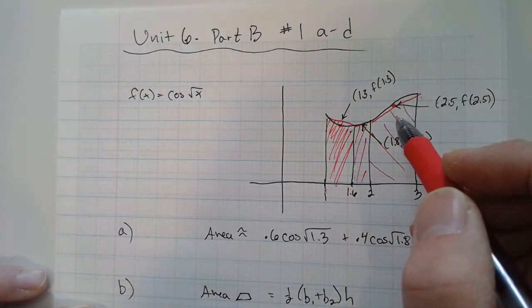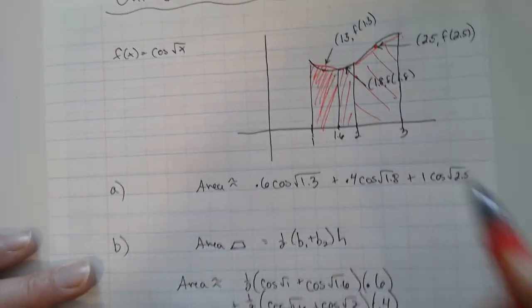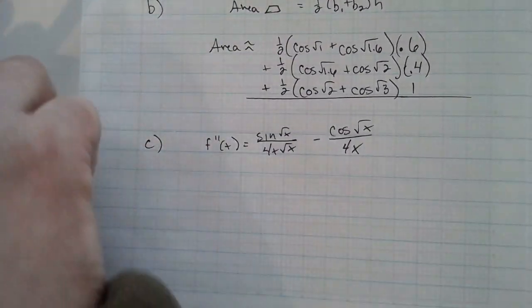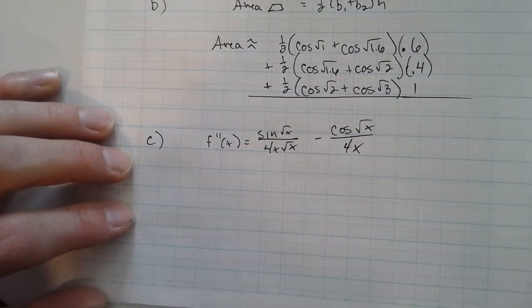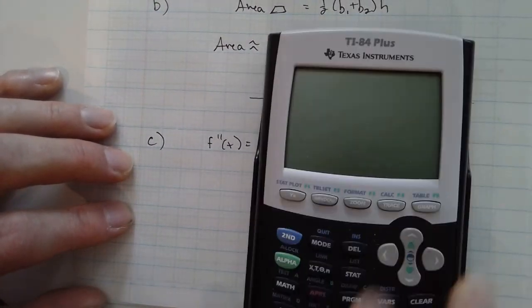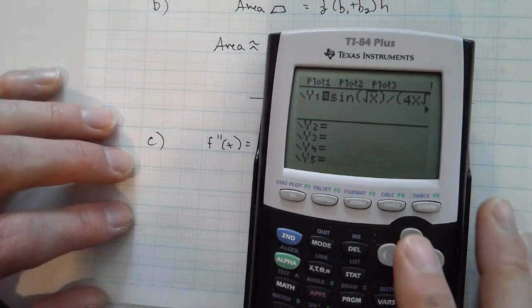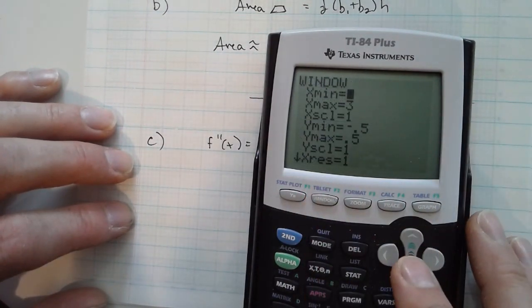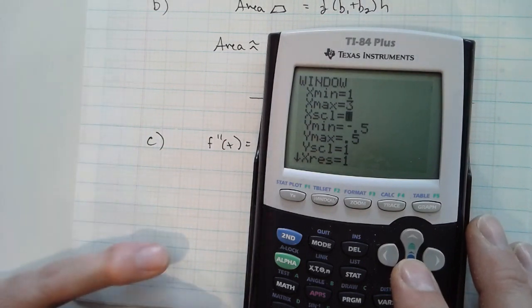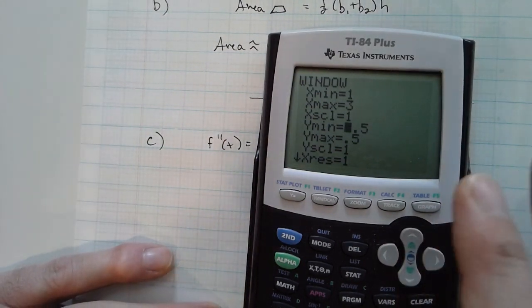So we just need to know what the concavity is in the interval from 1 to 3. So we need to know how the second derivative looks from 1 to 3. So grab our calculator. We type in our second derivative. I went from 1 to 3. I did pretty small y mins and maxes just to have a look at it.